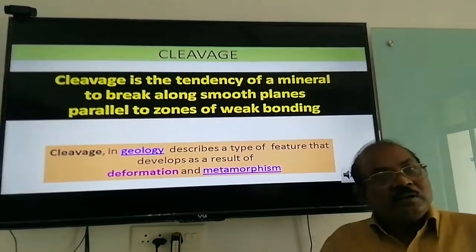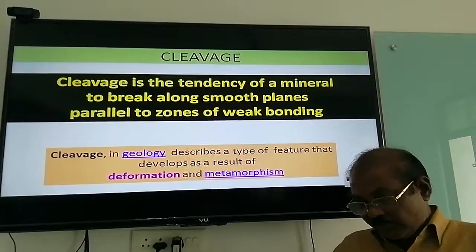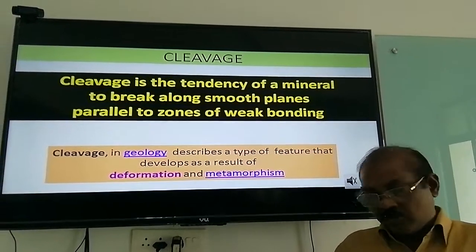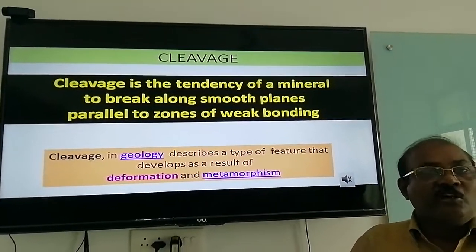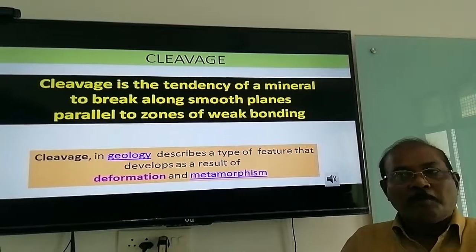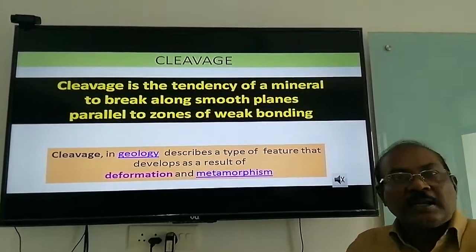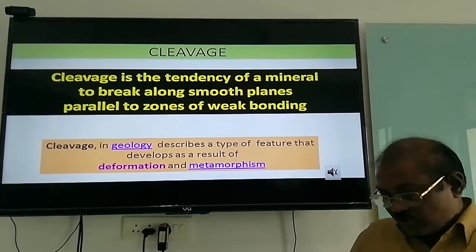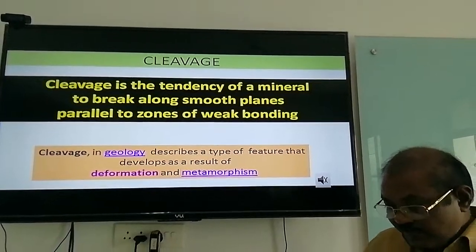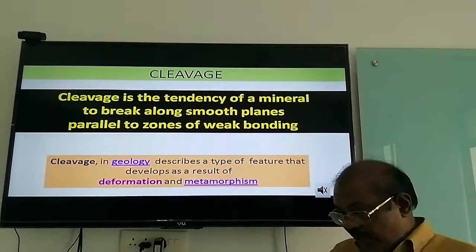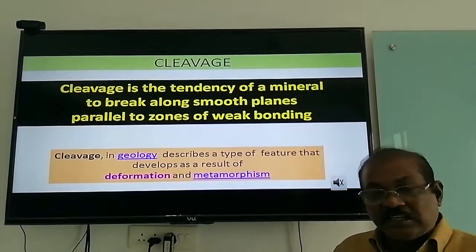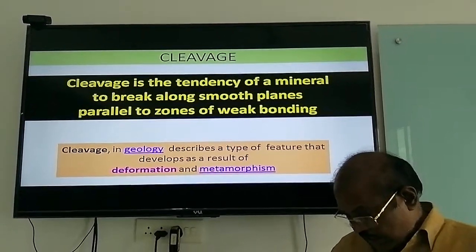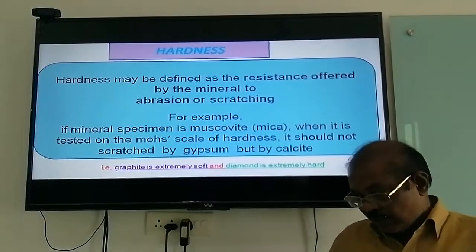Cleavage. Cleavage is the tendency of a mineral to break along smooth planes parallel to zones of weak planes. Wherever there is a weak plane, the mineral breaks parallel to it. Hence, in geology, cleavage is defined as a type of feature that develops as a result of deformation and metamorphism.